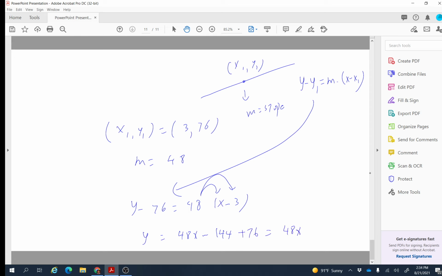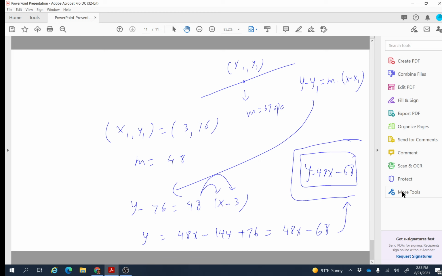So that is 48x minus, just subtract 76 from 144. That will be 68. 144 minus 76 is 68. So the equation of the tangent line is y equals 48x minus 68. So this is the equation of the tangent line.